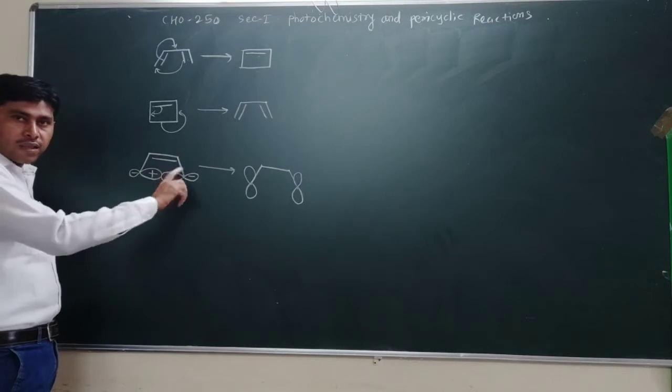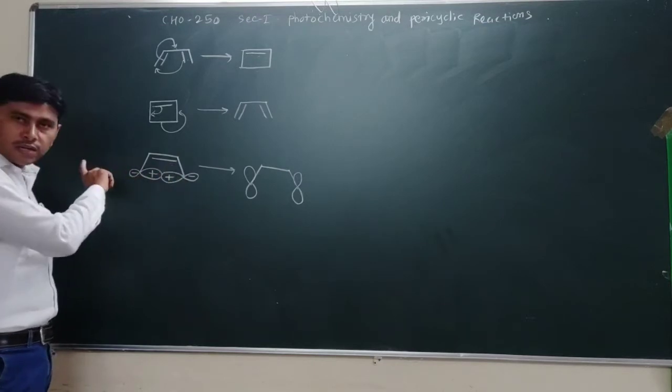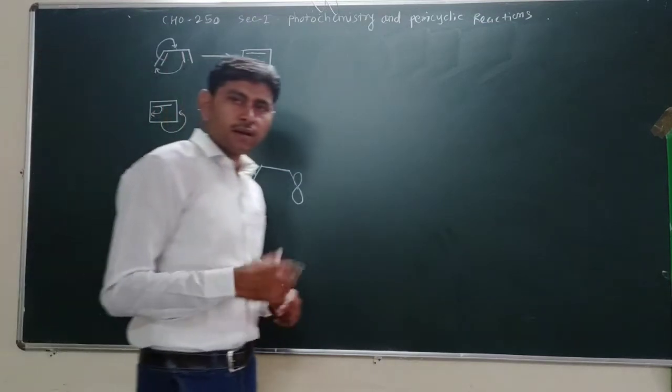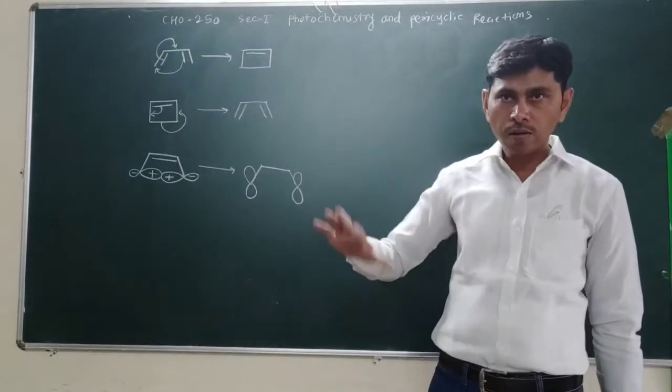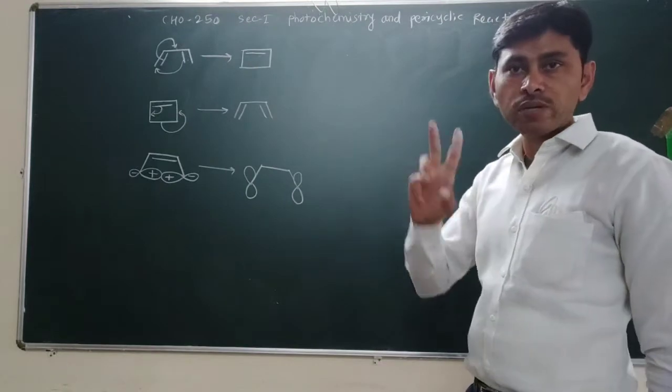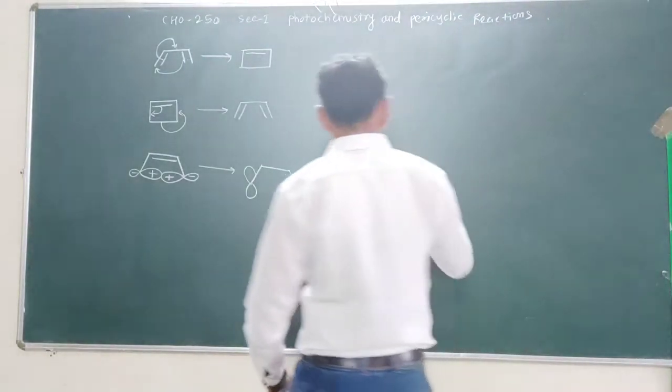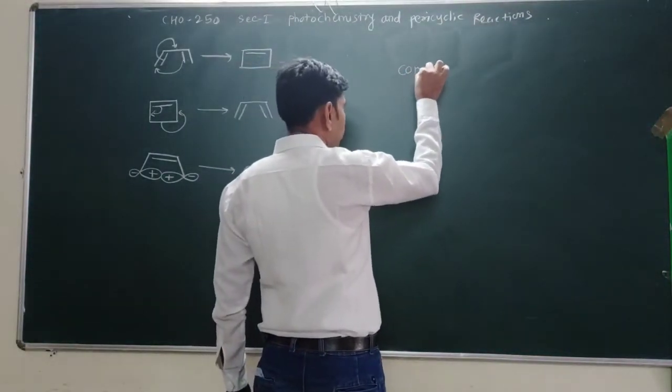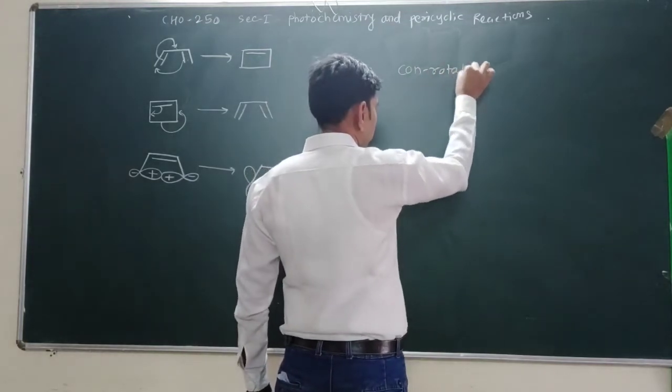Another possibility is that one rotates clockwise and the other anti-clockwise. Depending on these possibilities, we have to consider two types of motion of these orbitals, that is conrotatory motion and disrotatory motion.